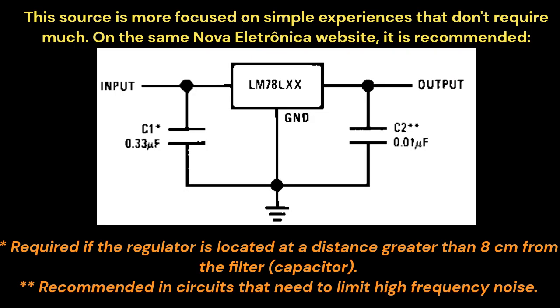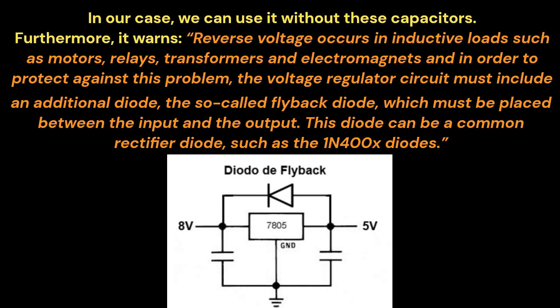This source is more focused on simple experiments that don't require much. On the same Nova Electronica website, a capacitor is recommended. Required if the regulator is located at a distance greater than 8 cm from the filter capacitor. Recommended in circuits that need to limit high-frequency noise. In our case, we can use it without these capacitors.